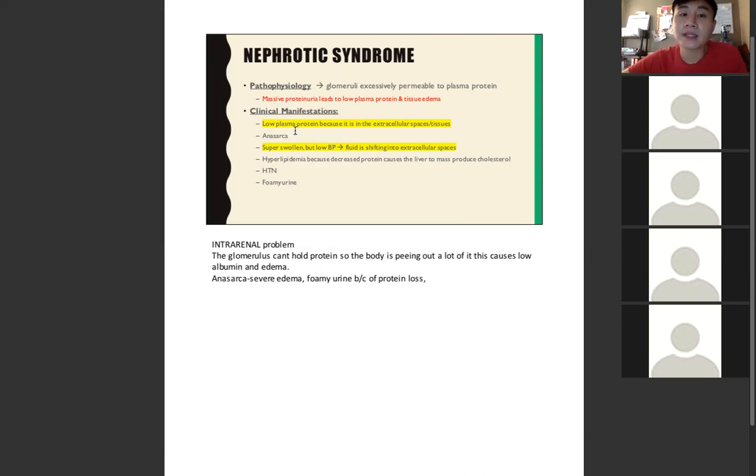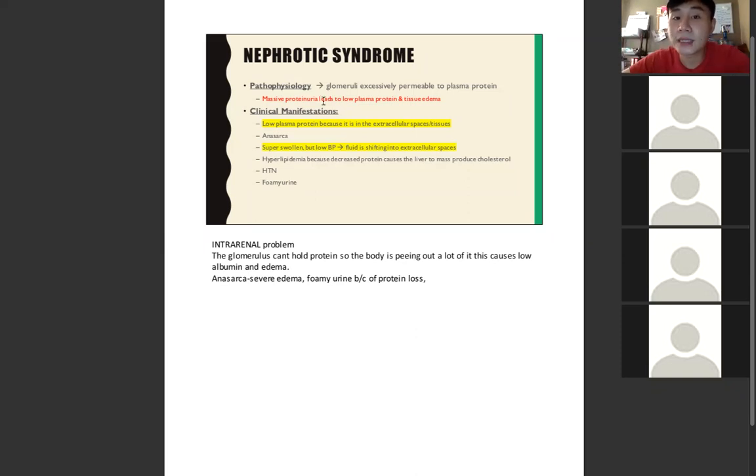Basically, what it means is that when the patient has nephrotic syndrome, their glomeruli are so permeable to protein. The holes are so big now. It's so damaged and big that all of the protein molecules our body has, when they come to the kidney area, just flow out.